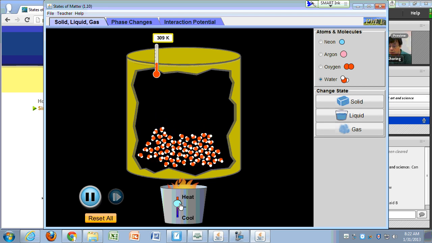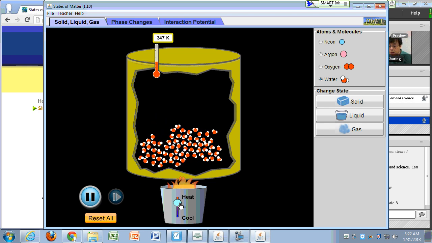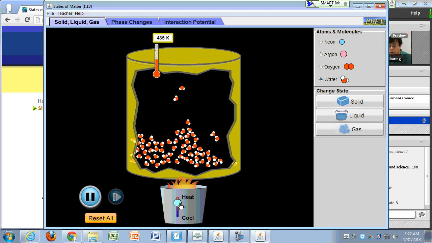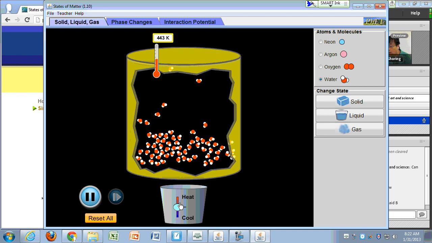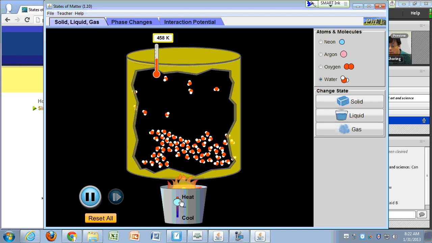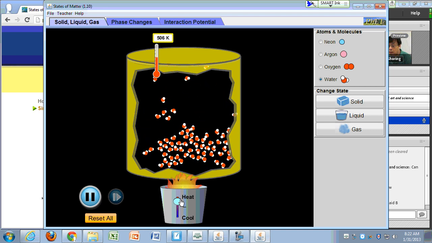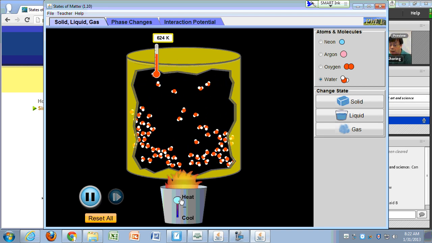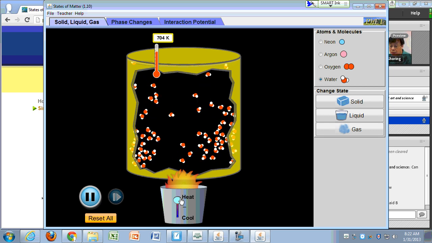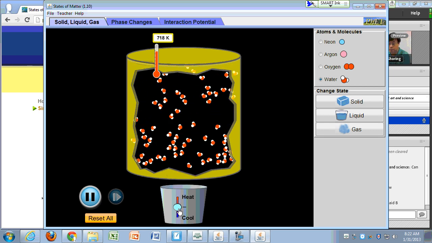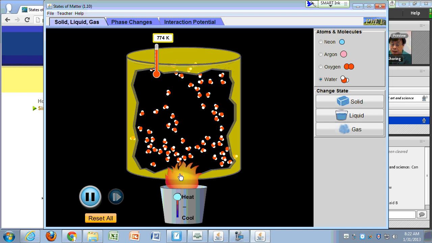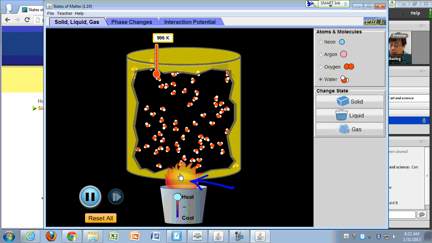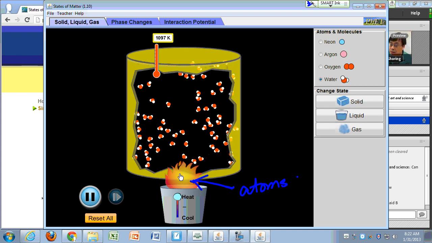So now you have thermal energy. By heating your sample, you're putting your sample in contact with the flame. Now this flame right here is just atoms with very high kinetic energy.